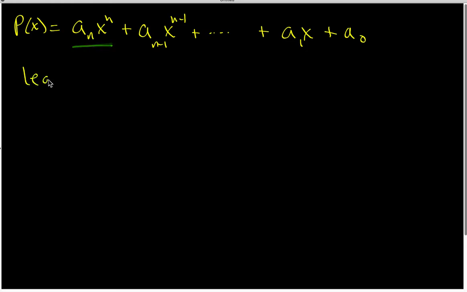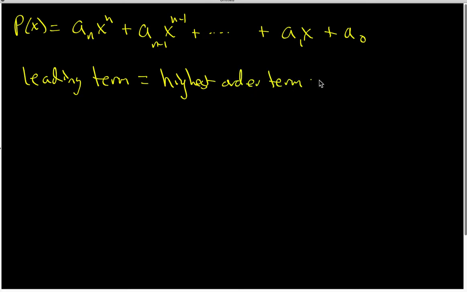And we're going to call that the leading term, or we can call it the highest order term. In this particular example, it would be a_n times x to the n, and a_n cannot be equal to 0 in order for that to be defined.